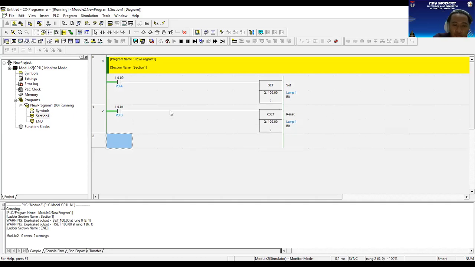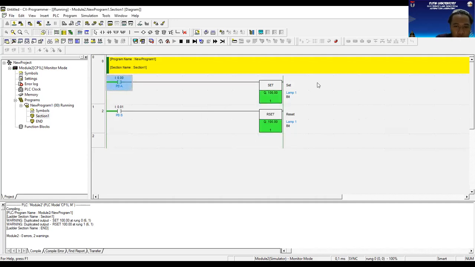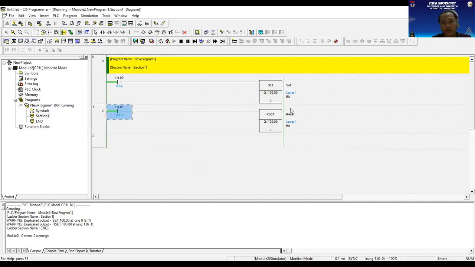Same as KEEP, push button A can give condition one to set, and it keeps condition one until push button D is on. If push button D is on, set reset is also reset to condition zero, like that.